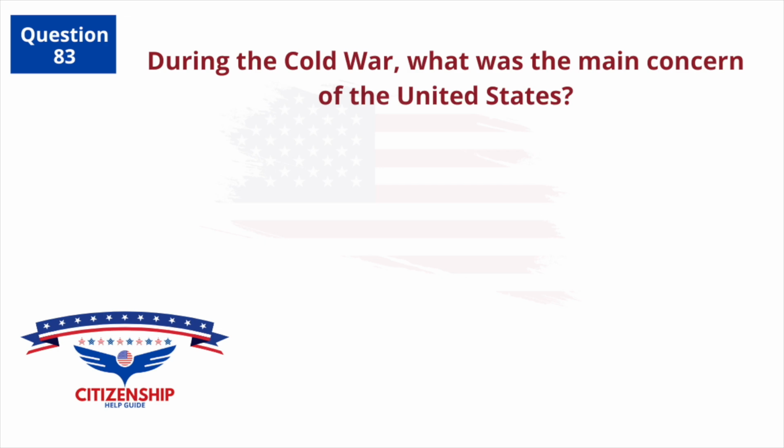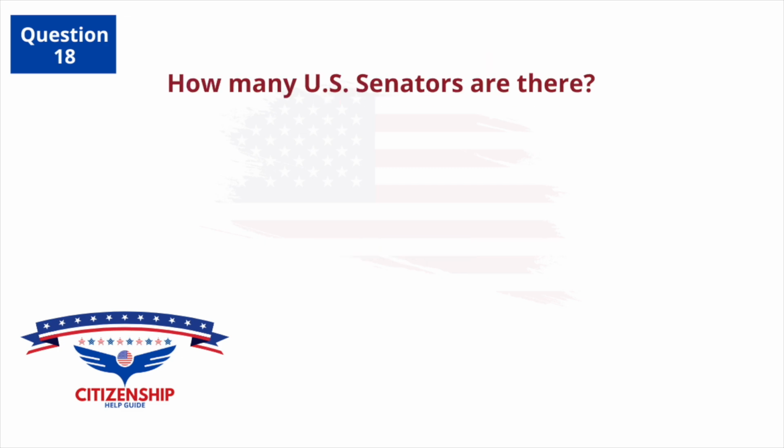What does the President's cabinet do? Advises the President. During the Cold War, what was the main concern of the United States? Communism. How many U.S. senators are there? 100.